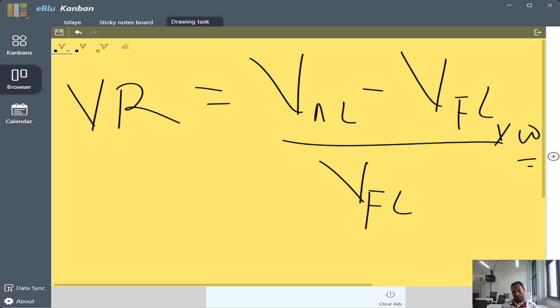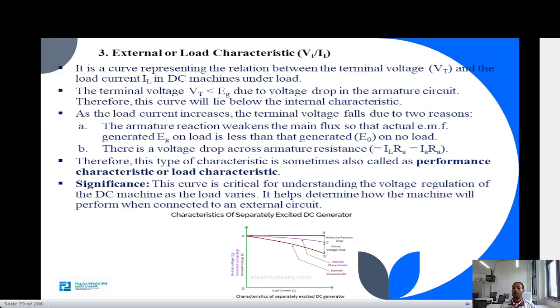So this regulation tells you the quality of our generator. It helps determine how the machine will perform when connected to an external circuit, how it performs at different loading conditions. That behavior is determined from this external or load characteristic curve.